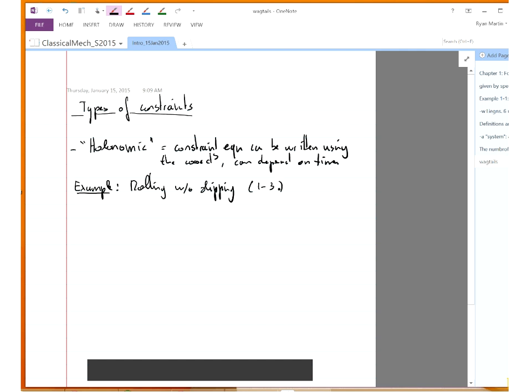Let's call it one-dimensional rolling without slipping. Our disk here, or whatever it is, can only roll along the one axis. It can't move around in the plane. Right?